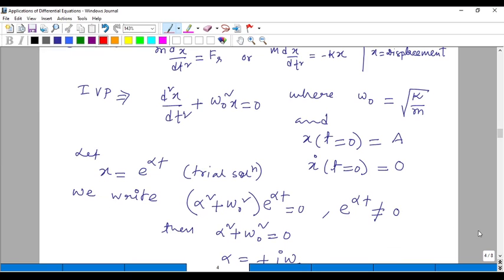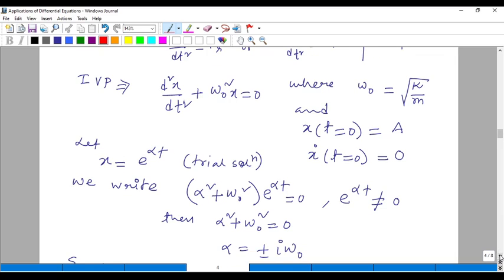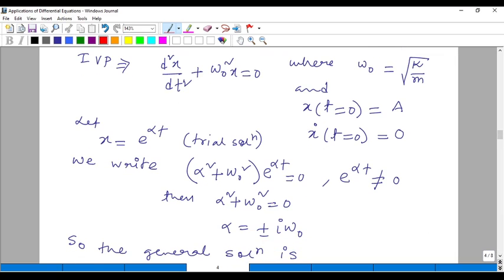So this is similar to the previous problem, and you can see this auxiliary equation has two roots, and these two roots are i omega 0 and minus i omega 0.